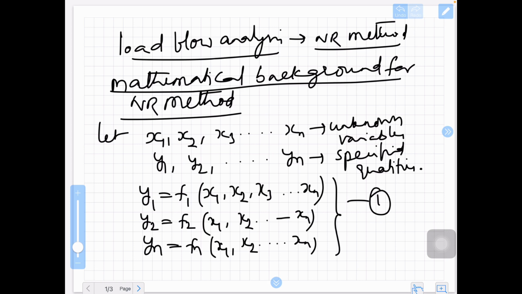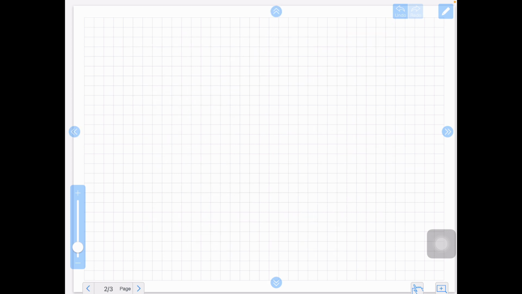So here we have expressed the specified quantities as a nonlinear function of the unknown variables x1, x2 up to xn. Now the unknown variables are assumed an initial solution. Let us assume x1 naught, x2 naught etc. up to xn naught are the approximate initial solution for equation 1.